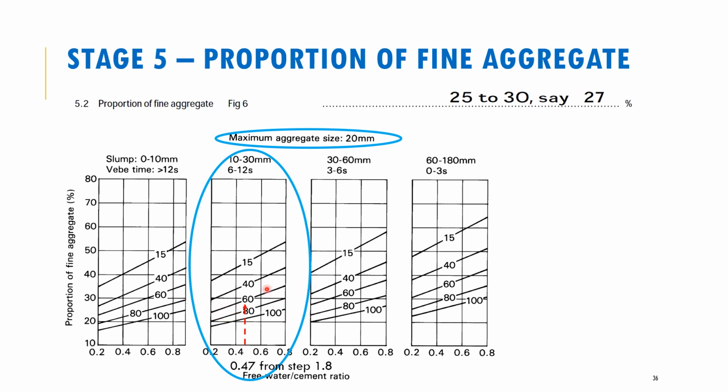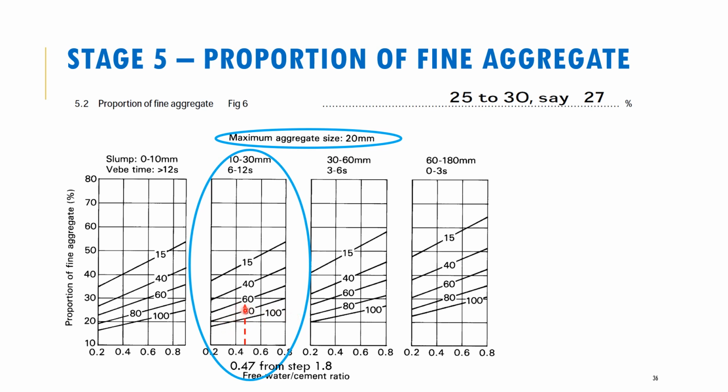Well, in the previous step we specified that it was 70% passing the 600 micrometer sieve. 70% is a line that lies between these two lines that you see in front of you, between 60 and 80, so it has to be somewhere in that region. Again, you don't have to be exactly precise.